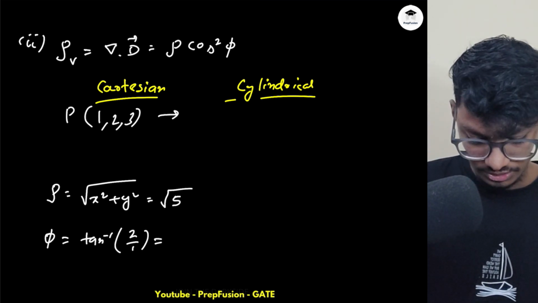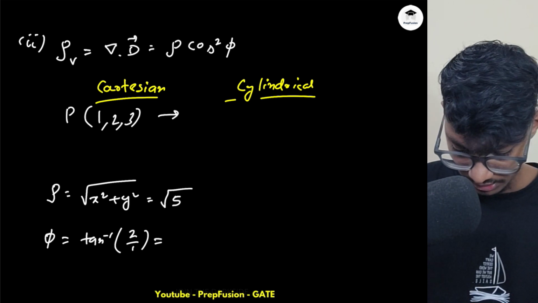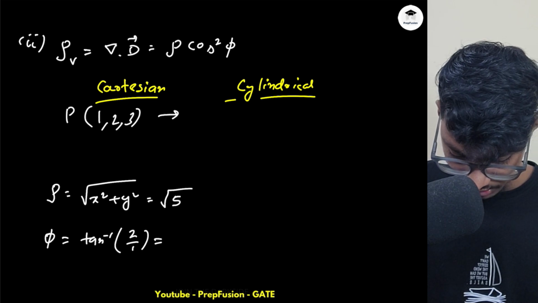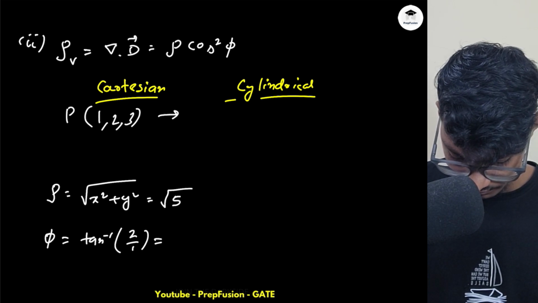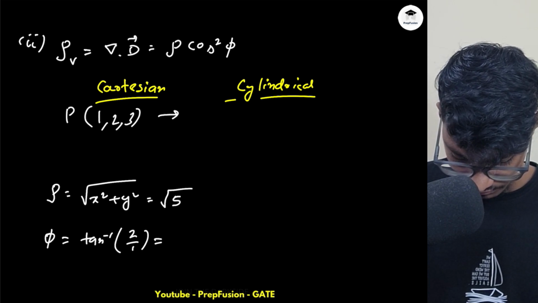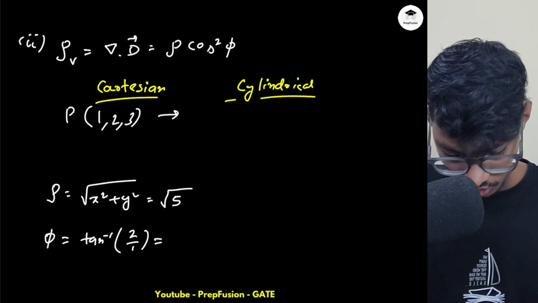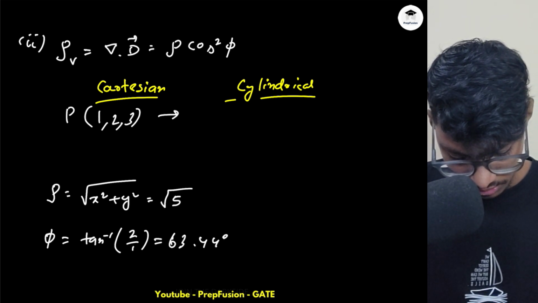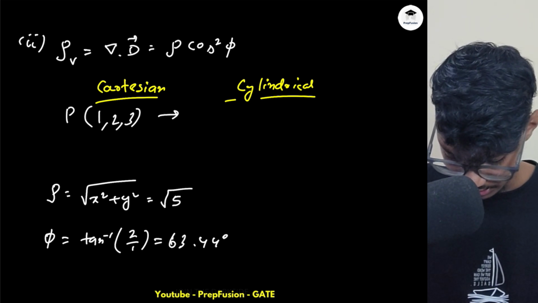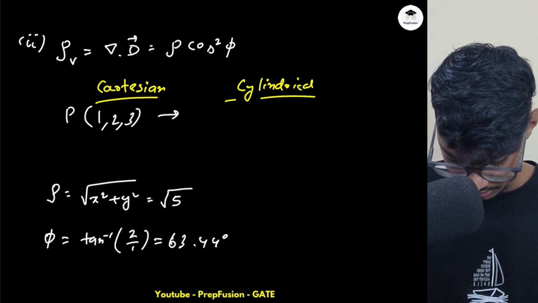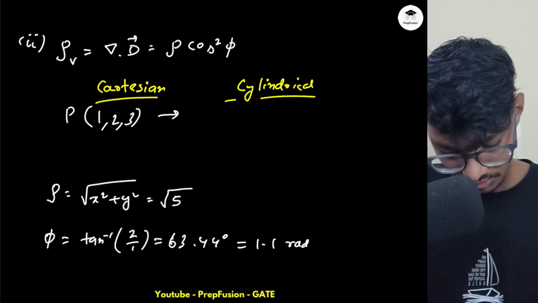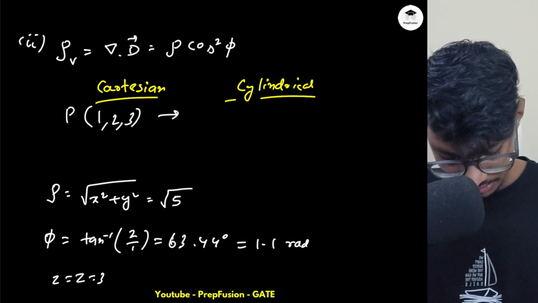So if I compute this very quickly, just hold on. 2 upon 1, tan inverse, it will be 63.44 degrees. If I want to convert this into radians, it will be 1.1 radians. Okay, and your z will be z, that is 3 itself.